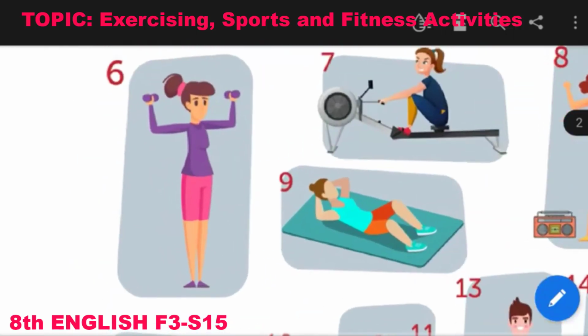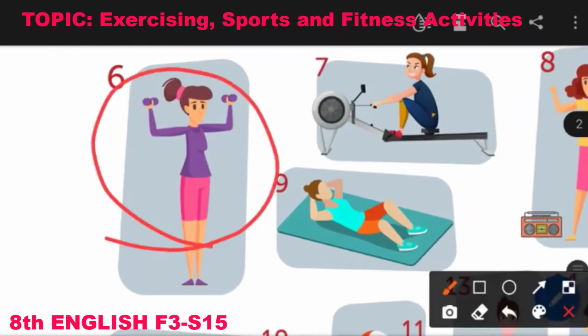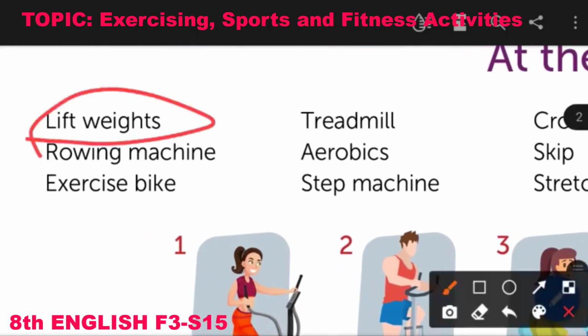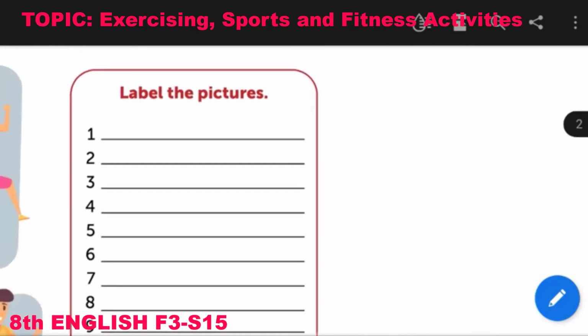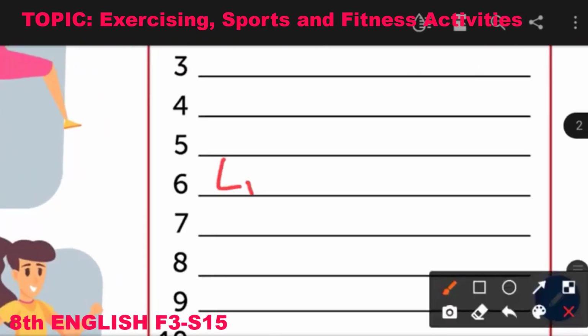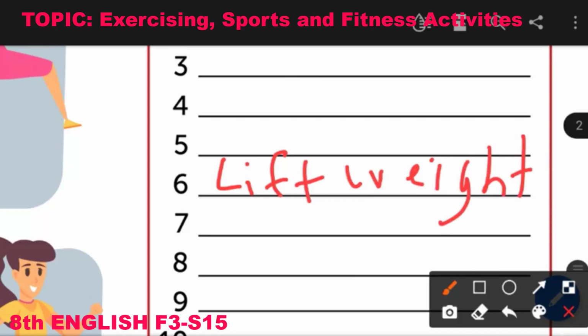For example, number 6, here. Number 6 is lift weights, yes? So you go to number 6 over here, vas al número 6 aquí, and you write lift weights. Levantar pesas, yes? Now, the same in the others.